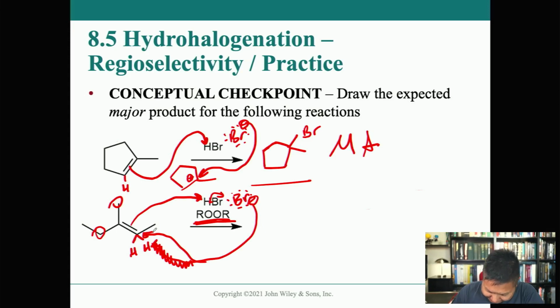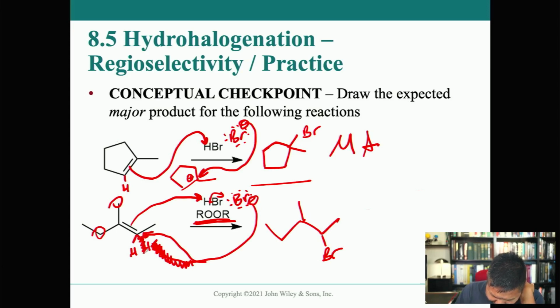Anyway. Don't skip steps when you're drawing your reactions, because then you make a mistake like I just did there. It does a nucleophilic attack right there, and that's why we get this guy here. Not only that, I put 2 hydrogens here.